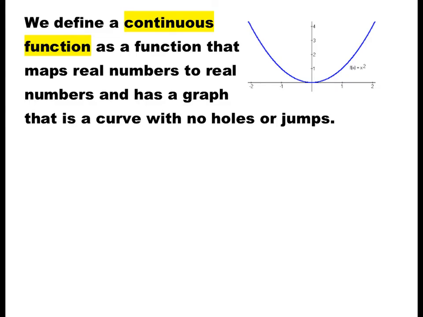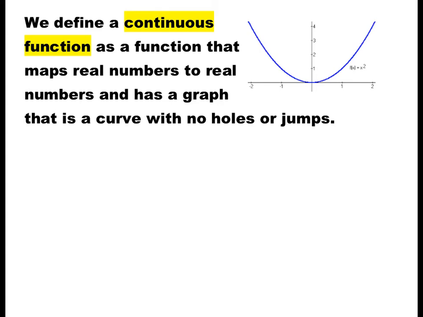Now we are going to define a new term, which is called a continuous function. We define a continuous function as a function in which every real number in x is mapped to another real number in y. This means that there is no hole in your graph when you plot x versus y.